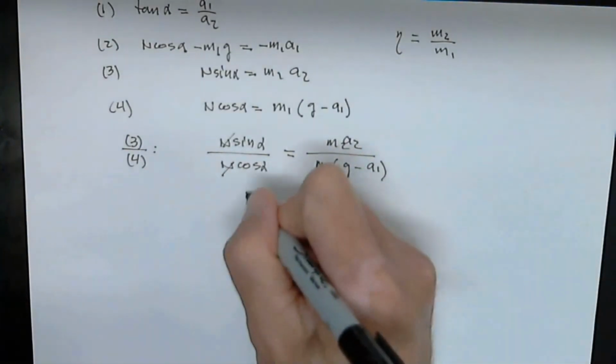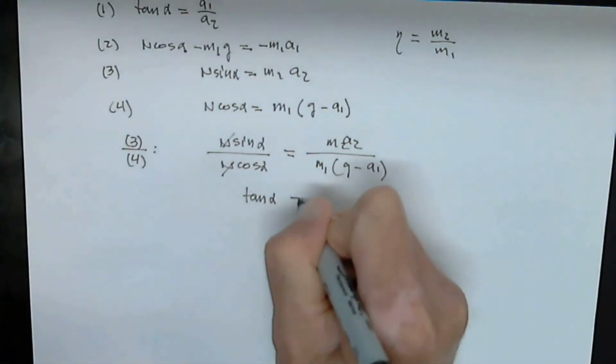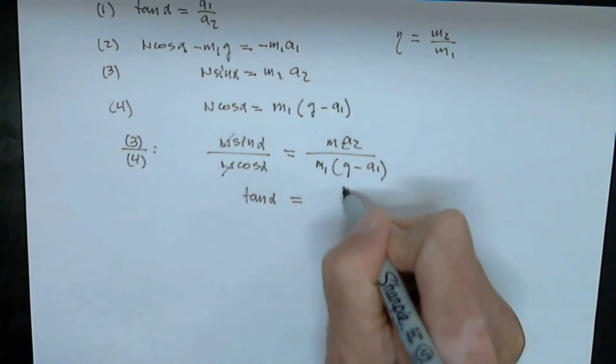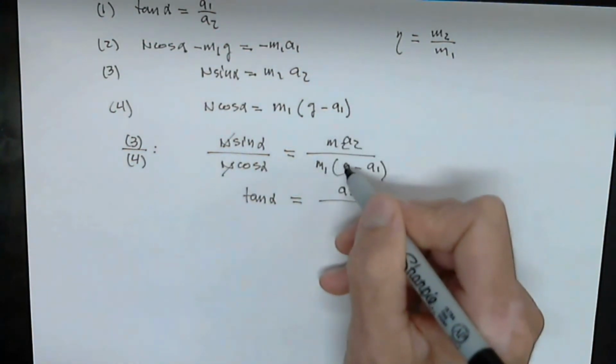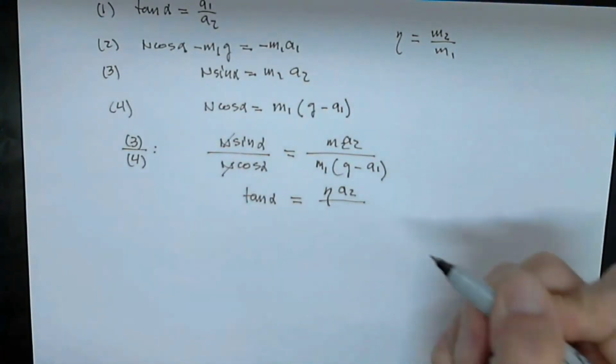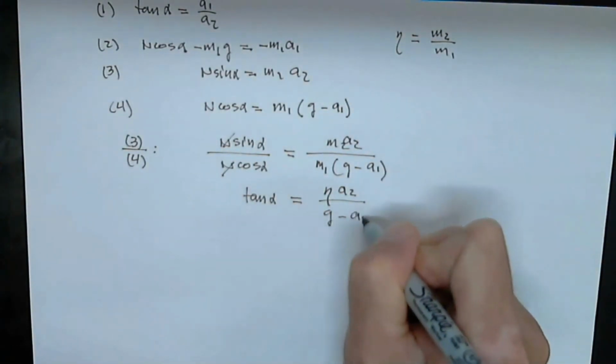That's the reason I did it. I get tangent of alpha equals M2 a2 over M1 times g minus a1.